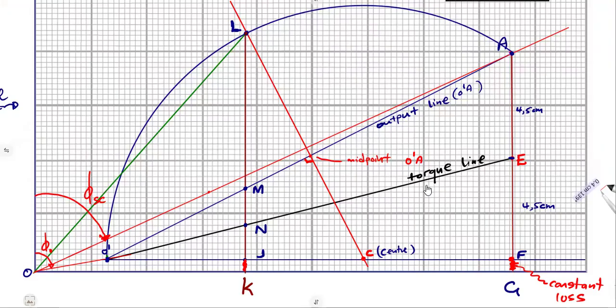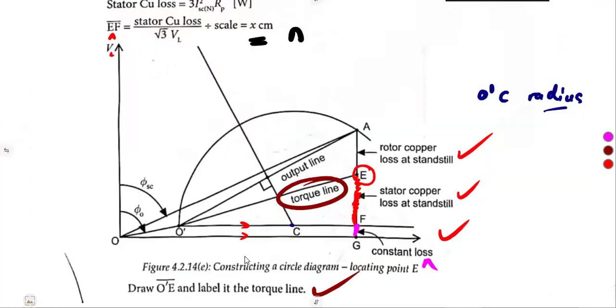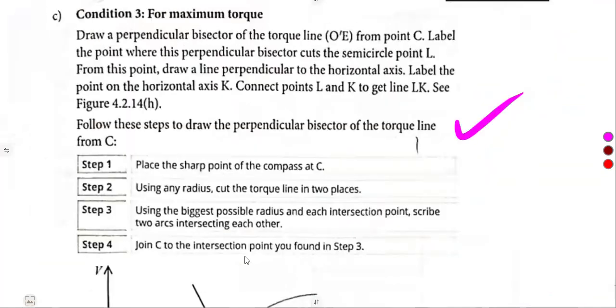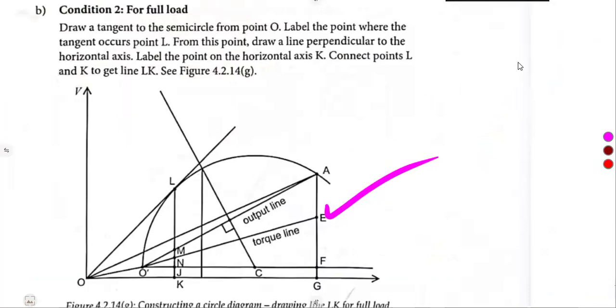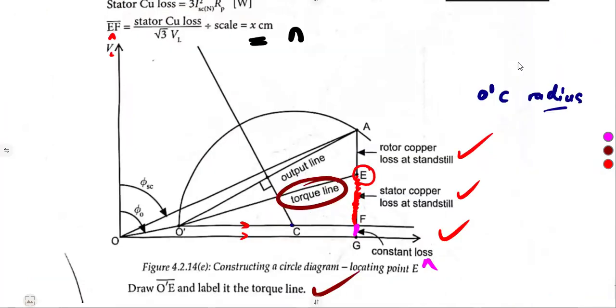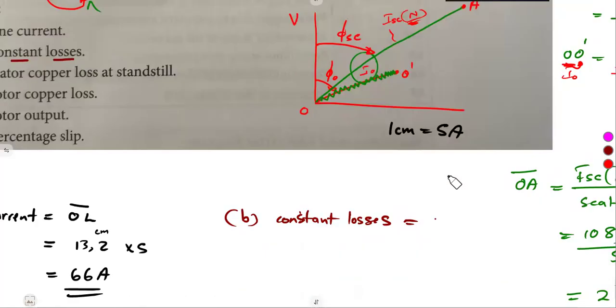Remember, if you have forgotten, guys, FG or JK represents your constant loss. We need the exact power. So the formula for the constant losses is square root of 3 times, we're going to use JK there because JK is the one for the constant loss. So guys, you just use the formula according to your textbook, the way that you are given. So that's square root of 3 VL times JK.